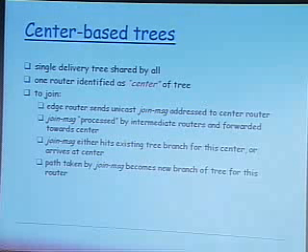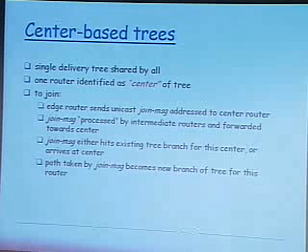This join message is processed by the intermediate routers and forwarded towards the sender, because this particular router that wants to join the multicast group probably doesn't have a direct link to the core. So all along the path that this join message goes, it has to be interpreted by the intermediate routers. They have to know that they have to be part of this path.